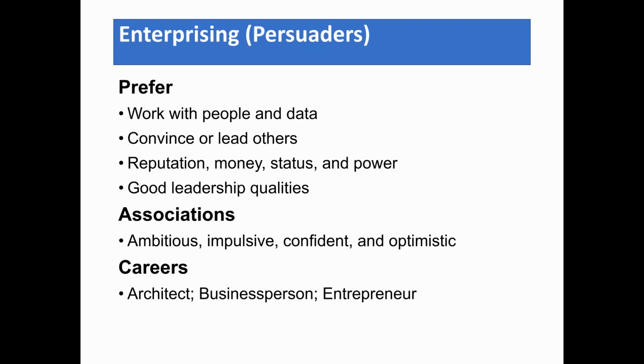They're confident that they can do things, or they can persuade people. In terms of careers, for example, a business person or a salesperson, like that you can really see in everyday life. A person who can be a good architect, who can be a good entrepreneur. So those are the careers that we are talking about if we are thinking in terms of persuaders.